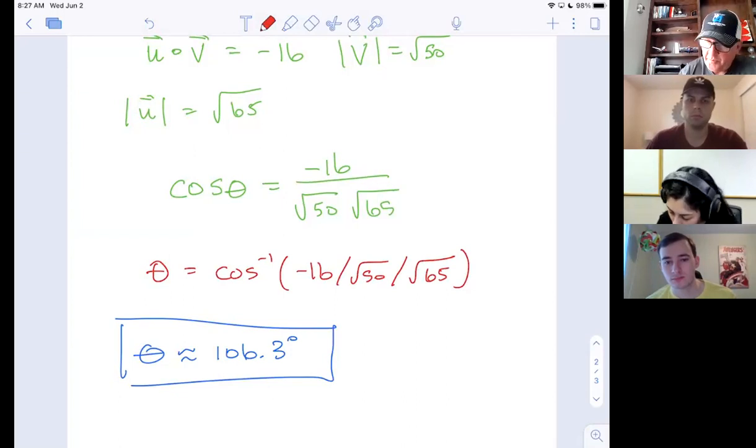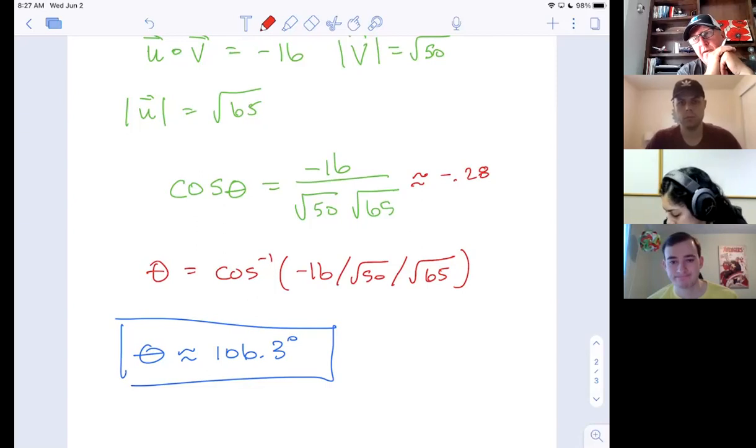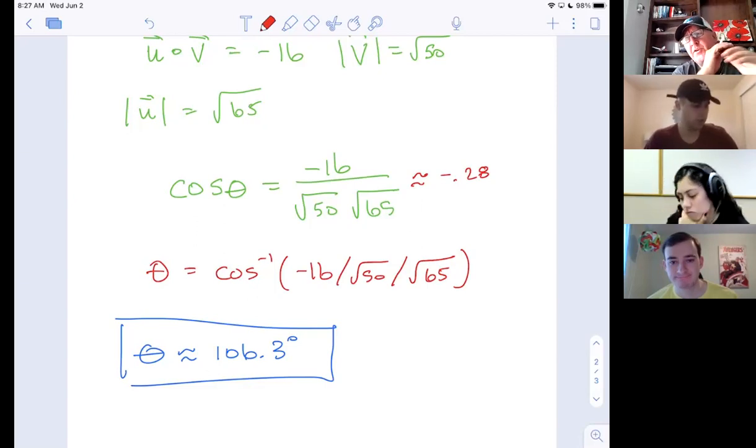I think that number is approximately negative 0.28. And remember, the cosine of an angle can't be bigger than 1. In other words, it's somewhere between 1 and negative 1. So the fact that that came out to be something between 1 and negative 1 means it's an answer. So it's really just the inverse cosine of negative 0.28. But I'm not sure I answered your question, Cheyenne, did I?